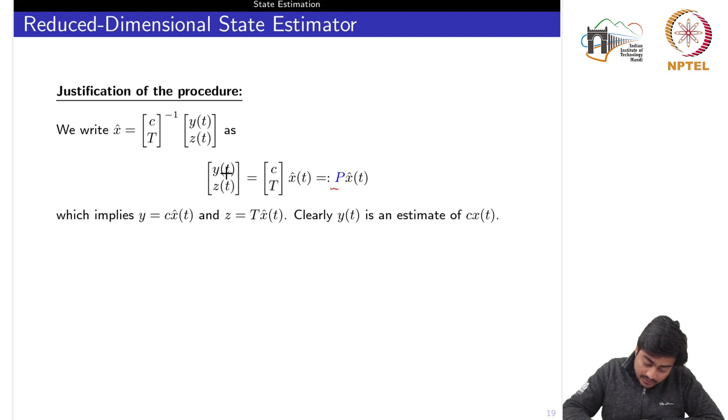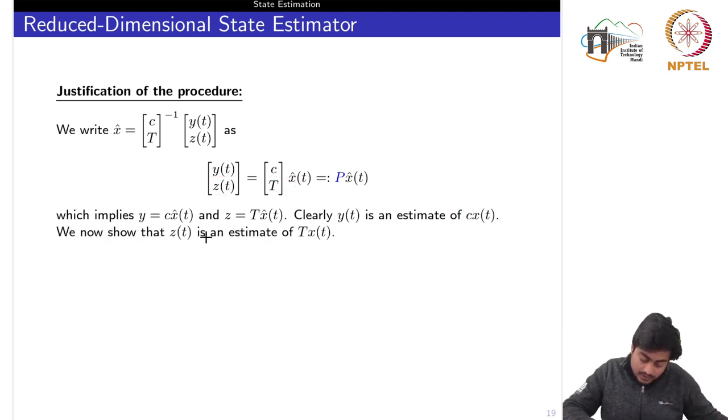If we see the first element and the second element separately, y is equal to C x hat, and z is equal to T x hat. Now we can see clearly that y(t) is an estimate of Cx. So now we need to show that z(t) is actually an estimate of Tx. Then in that case we could say x becomes equal to x hat.